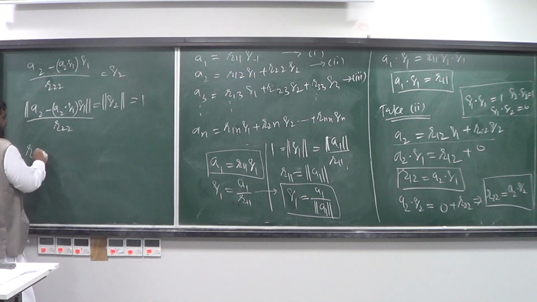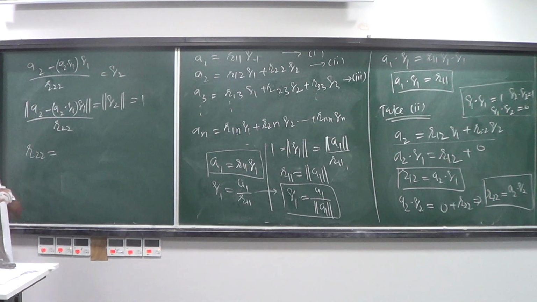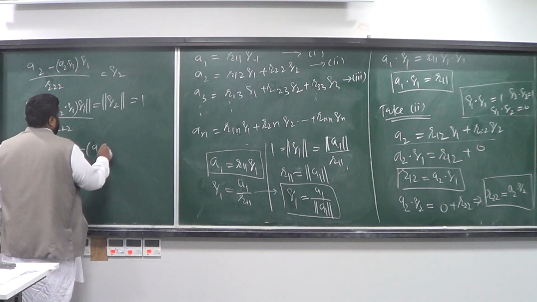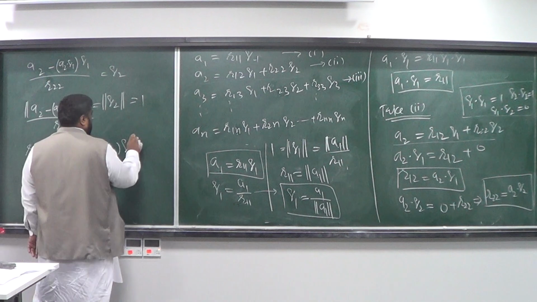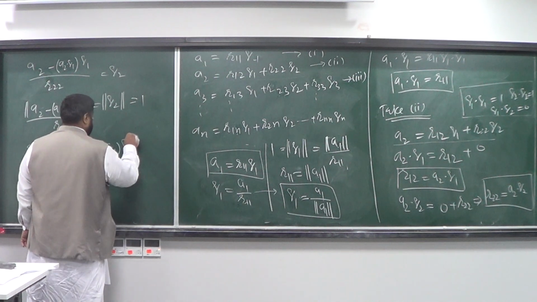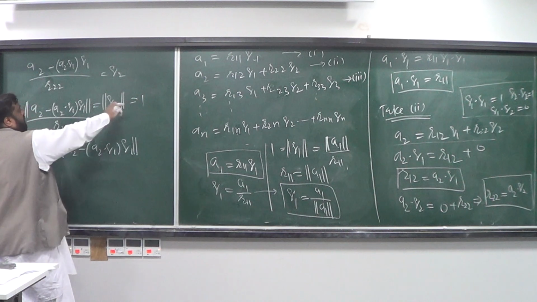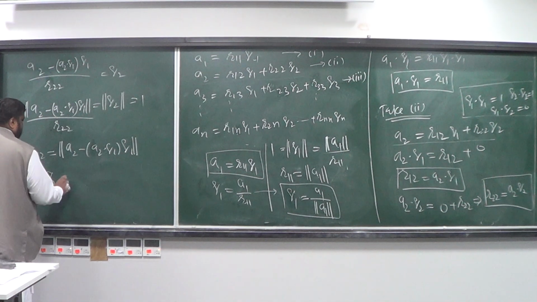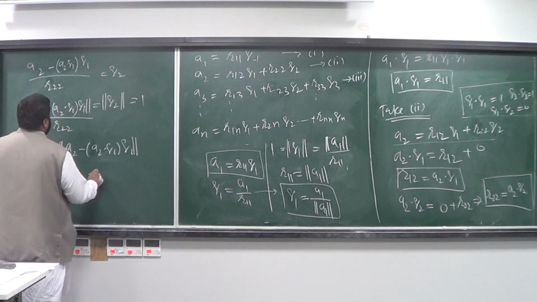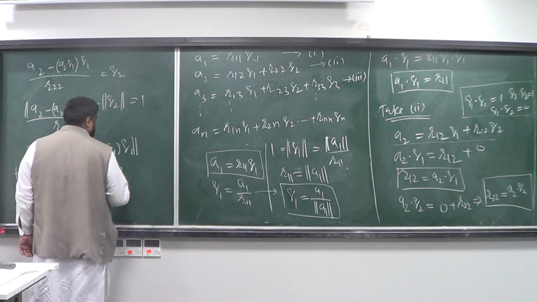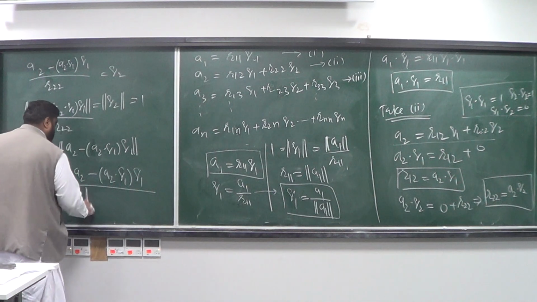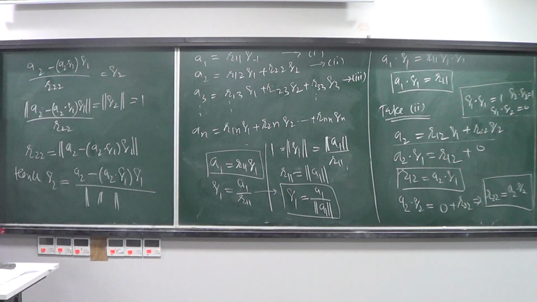Hence you get another expression for computing R22. Taking R22 to the other side, it is the magnitude of A2 minus A2 dot Q1 times Q1. Hence my vector Q2 is equal to A2 minus A2 dot Q1 times Q1, divided by the magnitude of the same vector, because R22 is equal to this magnitude.